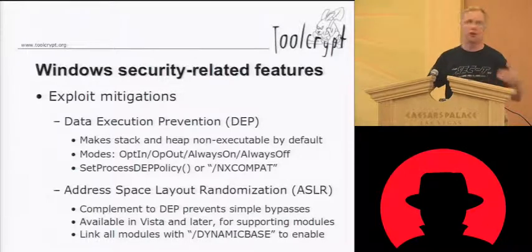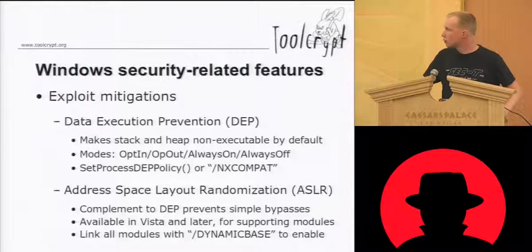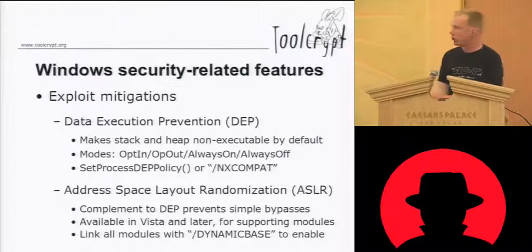So you can't call it again to turn it off, for example, as a step in an attack. You also need to be aware of the nxcompat linker option, which you should be using to make sure that the modules that you produce indicate that they are DEP compatible.